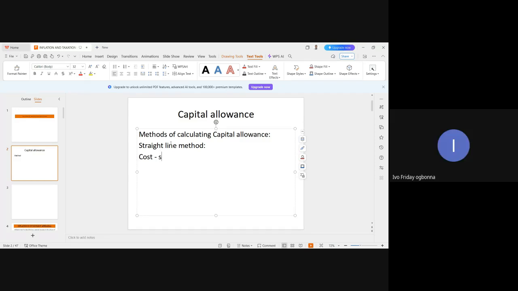Minus scrap value. Another word for scrap value is residual value. So it is cost minus scrap value divided by the useful life or estimated useful life of the asset.